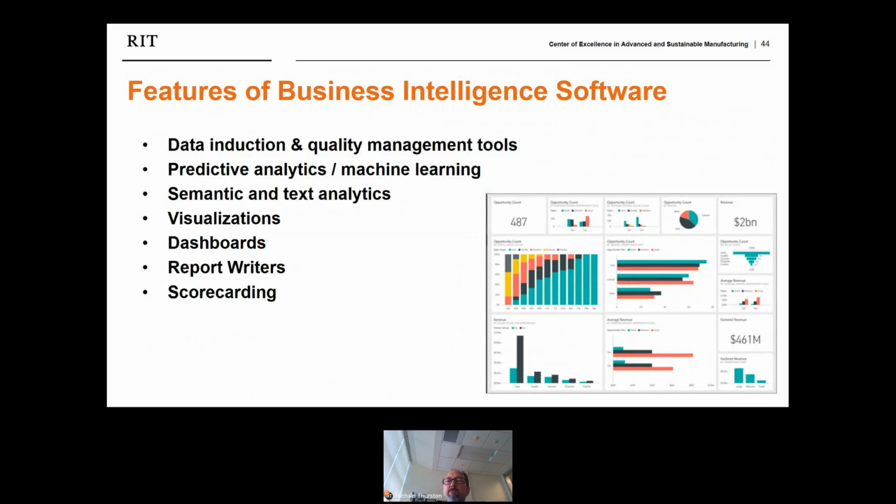Many of the methods, as I said earlier, are supported, the data analysis methods, and graphic visualization methods, dashboards, and reports are a key element. We don't have time in this presentation to go through each product, but these are things to consider as you start looking into business intelligence tools.